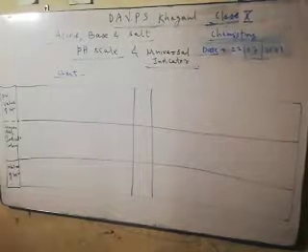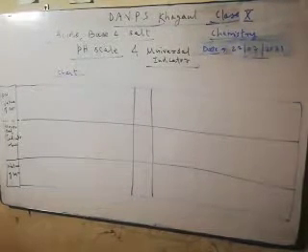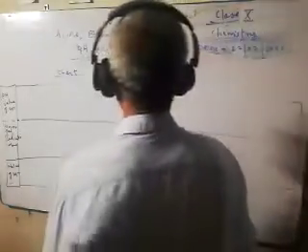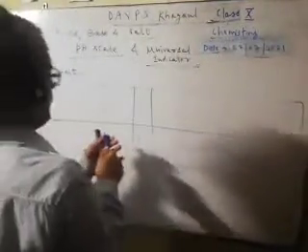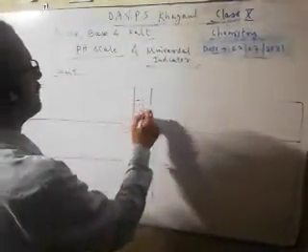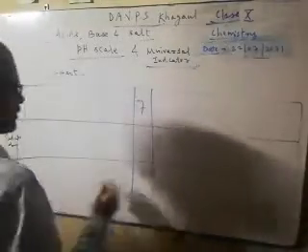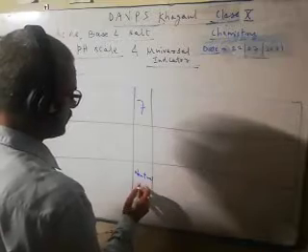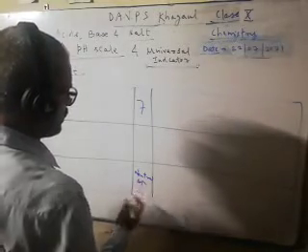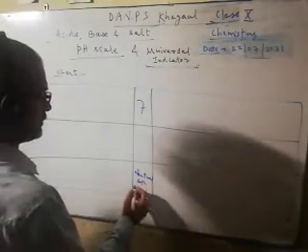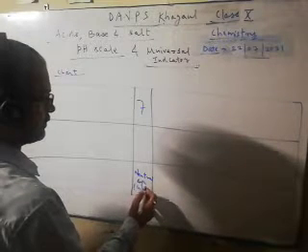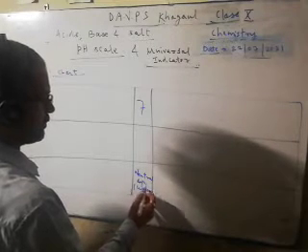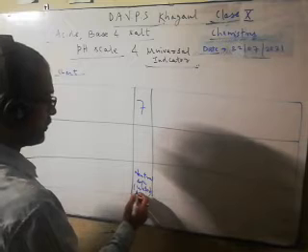Now see here, if the pH value of any solution is 7, then the nature of the solution is neutral. Neutral solution, just like water or sodium chloride solution.